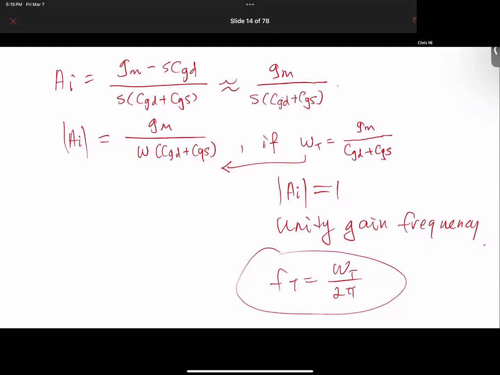You might say that if I'm working in the megahertz range, I don't have to worry about it. That is partially true. Most devices have a unity gain frequency in the tens of gigahertz. You can get a better device in the hundreds of gigahertz, but the higher the response, the more expensive the device becomes.